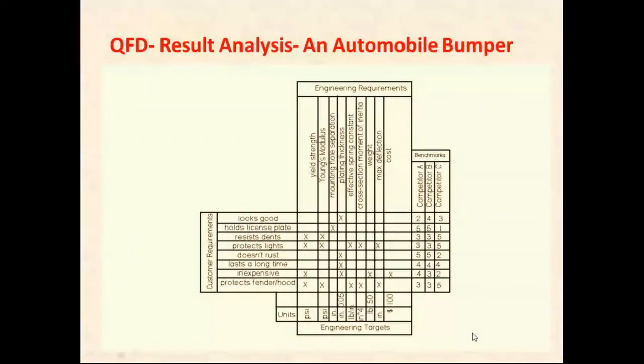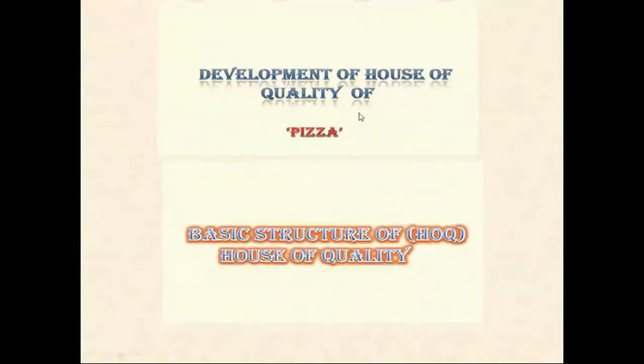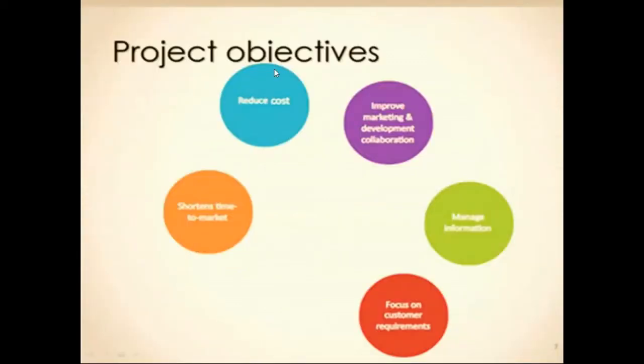So another example which is very interesting, I found the deployment of how to find the quality of a pizza. Okay, so eatables also, as I told you, any industry can incorporate this house of quality calculation or the QFD calculation. So what will be the objectives? The objective will be, you have to focus on the customer requirements, then manage the information which is required, then improve the marketing and develop collaboration, reduce the cost, and this should help you to shorten the time to market.